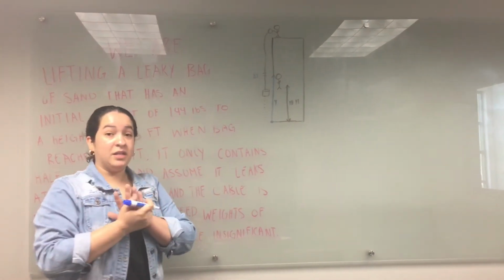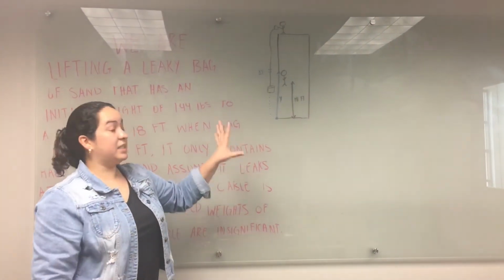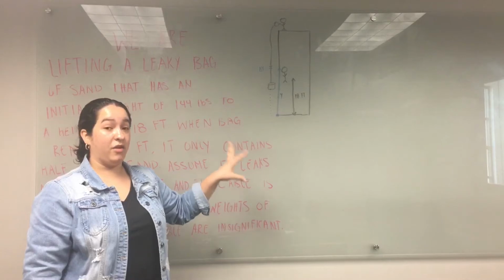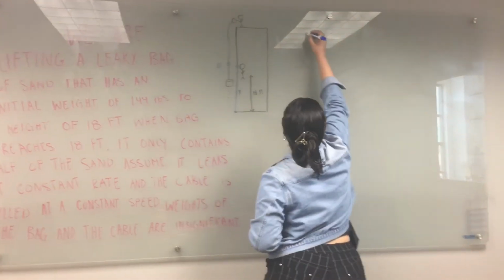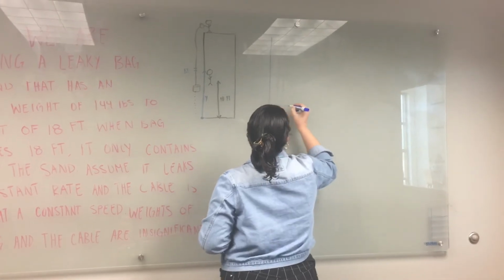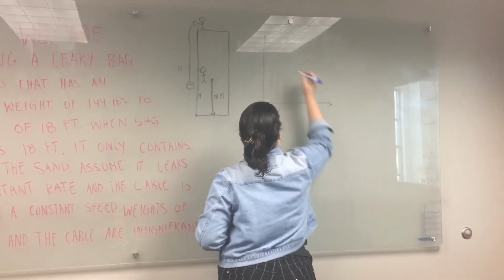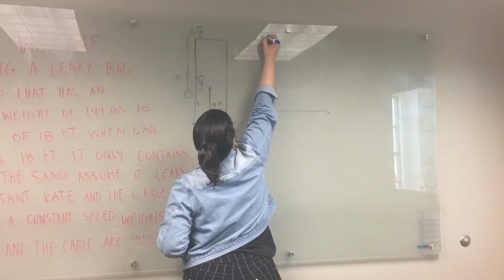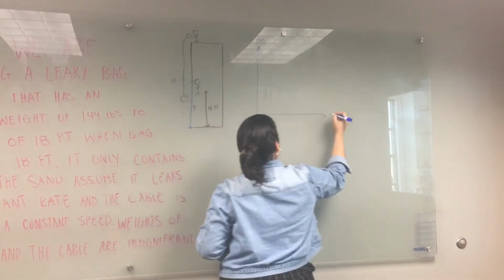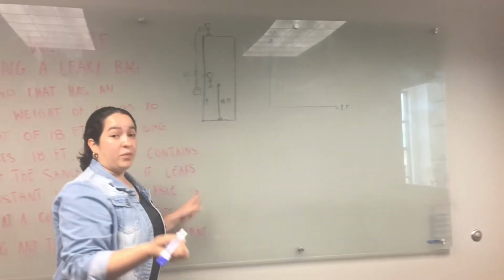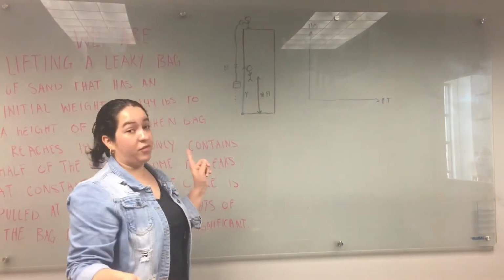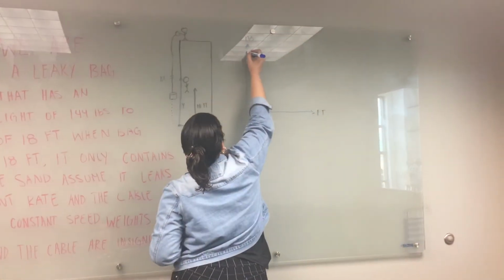Okay, so what we're going to do with this information is now create a graph to find our slope. So our graph will look something like this. Pounds on the top and feet along your X. So what we started off with was 144 pounds, so we're going to mark that here.